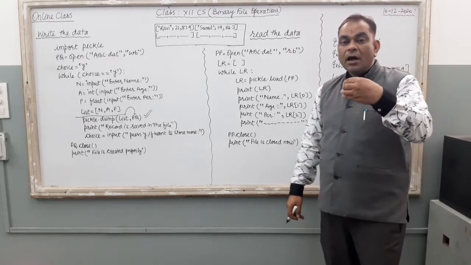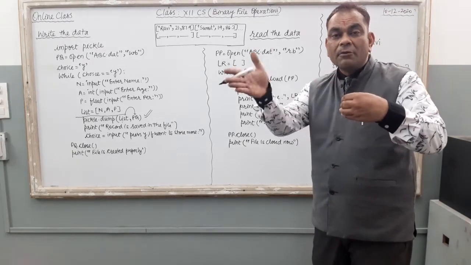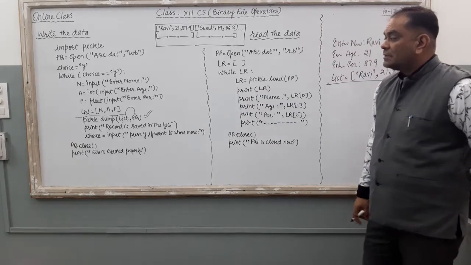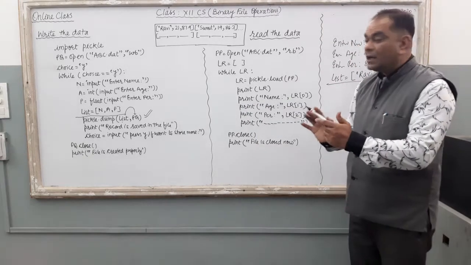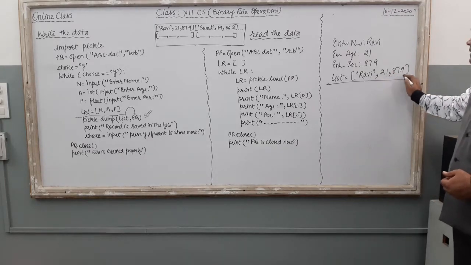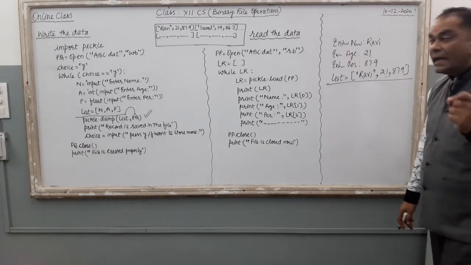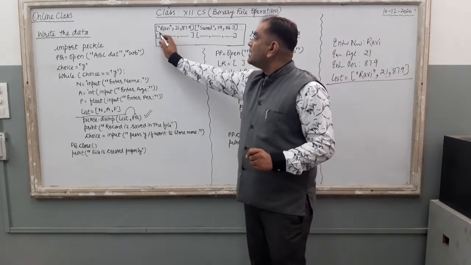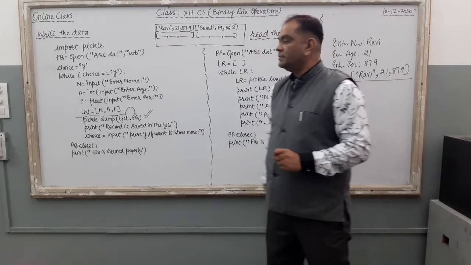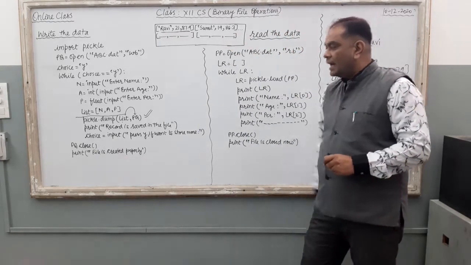Right? It means you are going to shift the data from memory to memory here. When you write this, list comma pq, the list object, which holds Ravi, 21, 87.9, is inserted inside the file handle like this. Just see, this is the very first object. Done. It is there in the file handle.